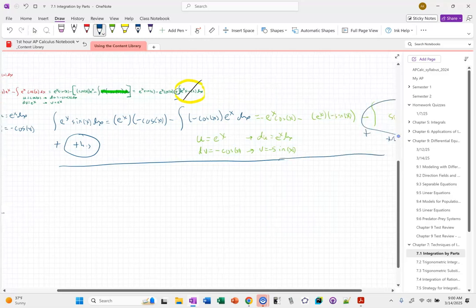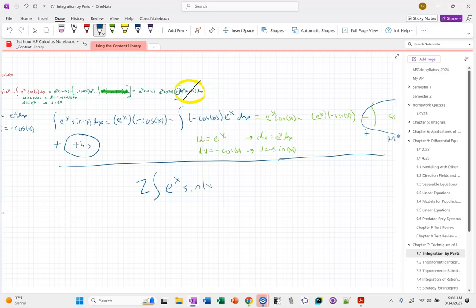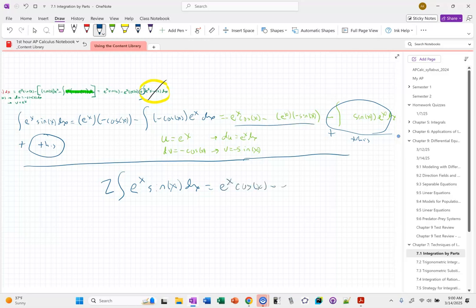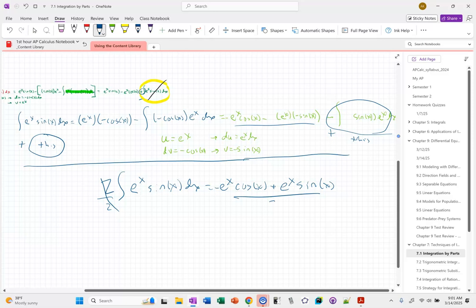And when I do that, I'm going to have 2 integrals e to the x sine x dx equals this stuff. And then I just divide both sides by 2, and there's my answer.